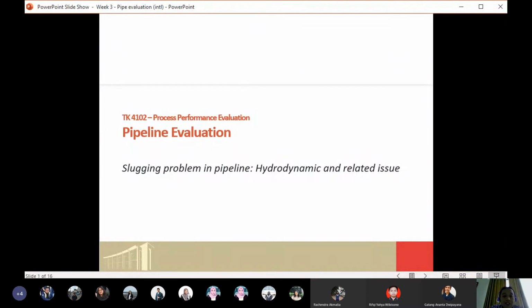I would like to start with something very simple. I will start with the pipeline evaluation, and then I will focus on slugging and the hydrodynamic problem in the pipeline, and also the parameters that we have to be concerned with when we evaluate the pipeline.